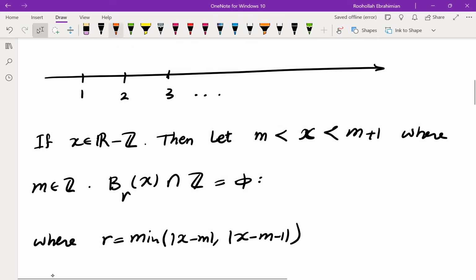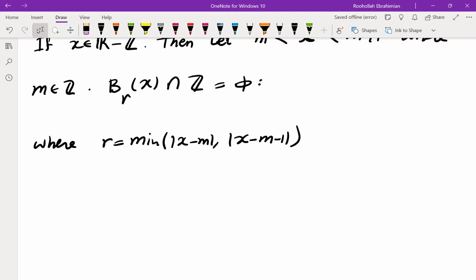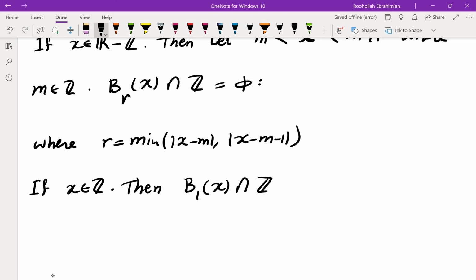Why? Because if your x is like right here, if you take a radius that is the smaller of these two, then the ball doesn't intersect any of the integers. And if your x is an integer, then the ball of radius 1 centered at x intersection with Z is only x. So what does that mean?